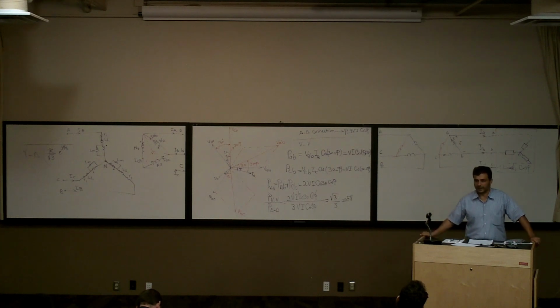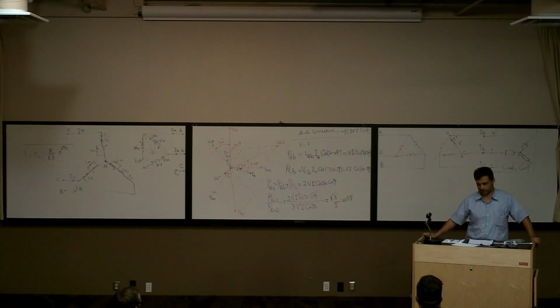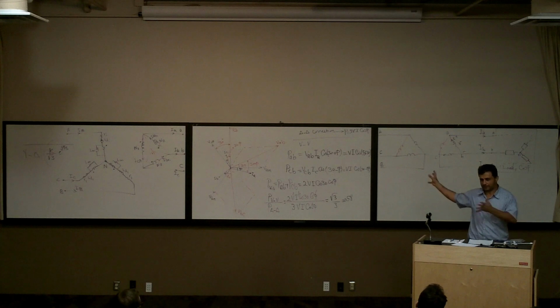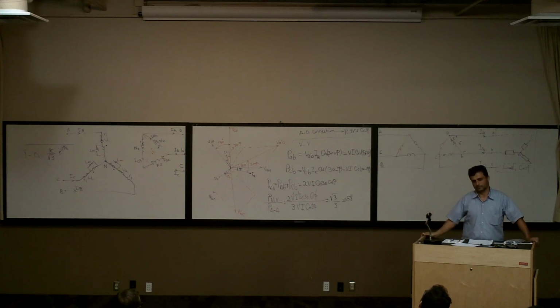So we said initially we expected it to be 2/3, right? 2/3 means 66%. You can see it's a little bit less than 66%. Can you tell me when we can use this connection? Do we use it at all?